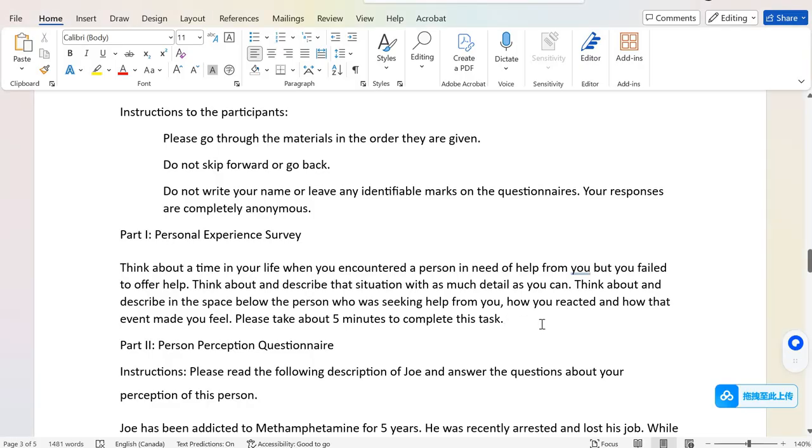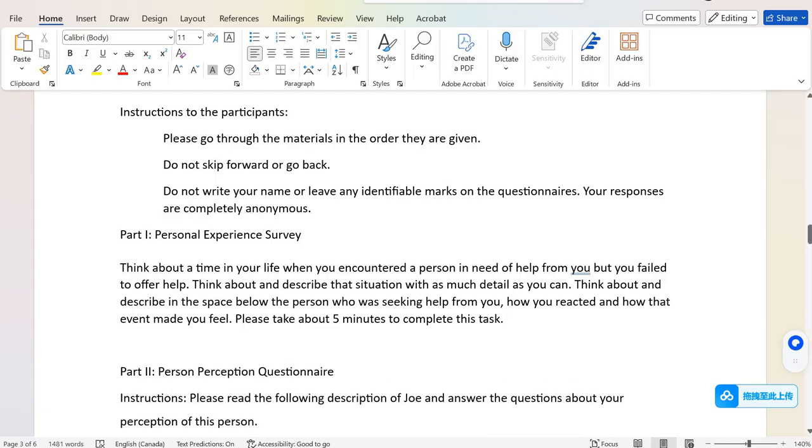I can imagine I am the participant. I will have to think about a situation where I refused to help somebody in need, and write about it. Well, can I think about a situation like this? One time I was in downtown Vancouver.